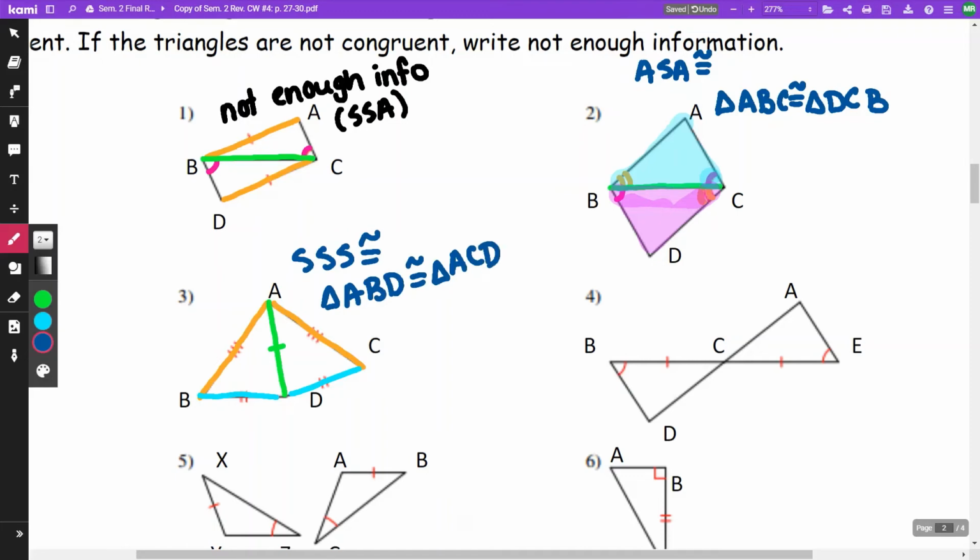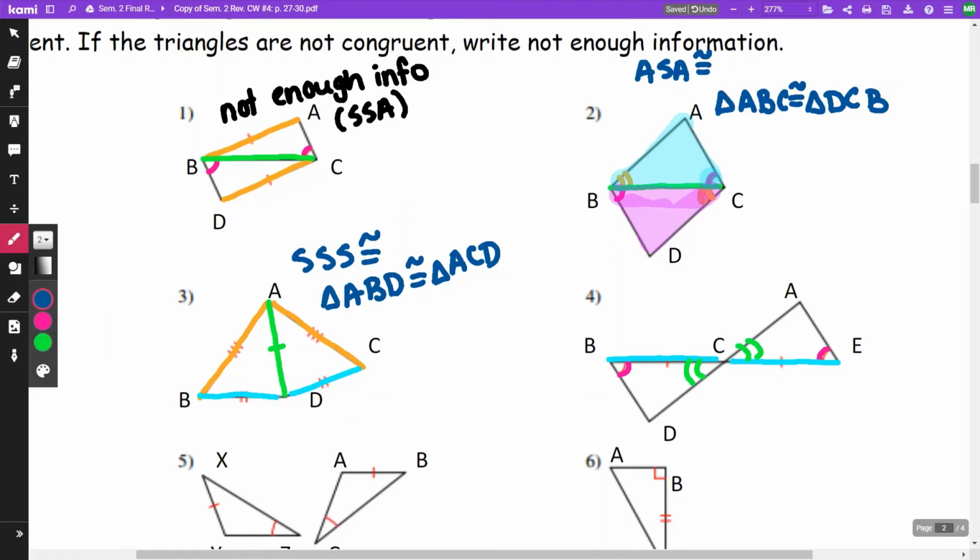Number 4, so I have this angle here at B and this angle here at E. I have this side here, BC, and this side here, CE. And I have this angle here because vertical angles are congruent. So I have angle, side, angle.